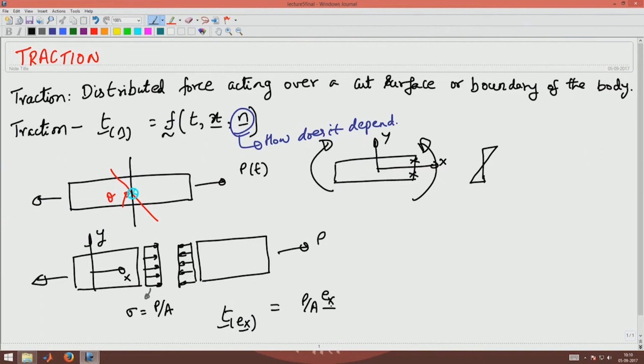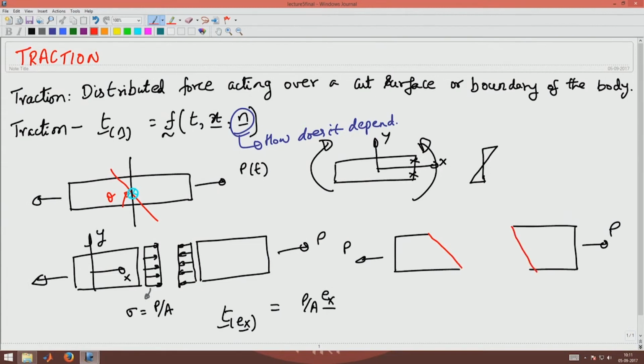Now let us see what happens with the red cut. With the red cut, I have the same P acting here and here, and the same inclined surface here.